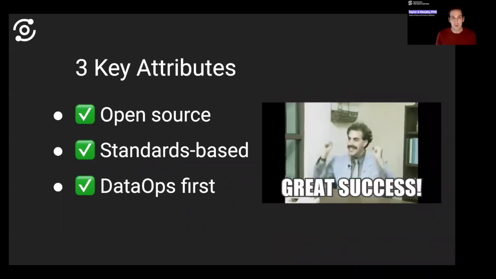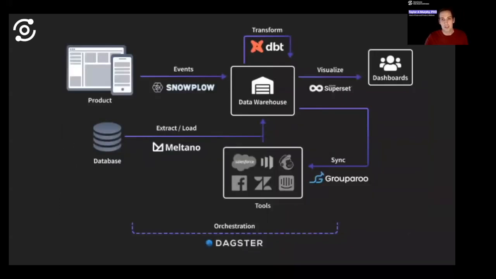Okay, so these are really the three key attributes for affecting a positive outcome when you're making a tooling decision: open source, standards-based, and data ops first, because all of this is feeding into the data product.